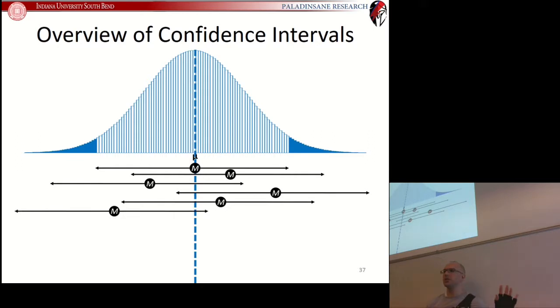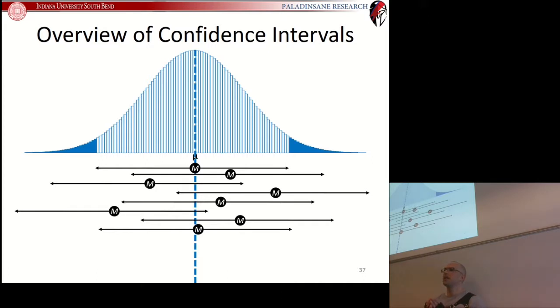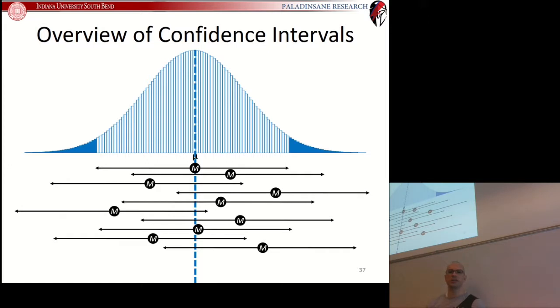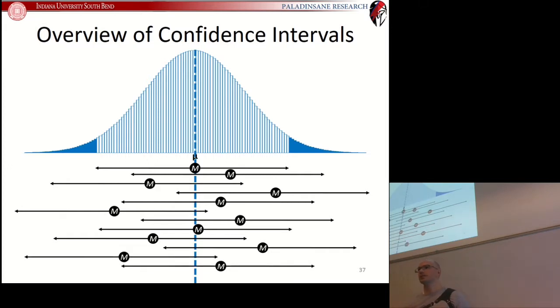So even samples that are very low in terms of their sample means, samples that are very high in terms of their sample means, all of these samples here that serve as the point estimate, as long as you have that interval around that's as wide as the body of your distribution, you can see that we have successfully estimated in every single one of these instances.